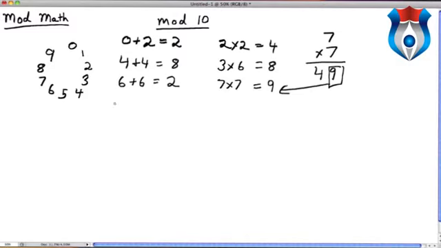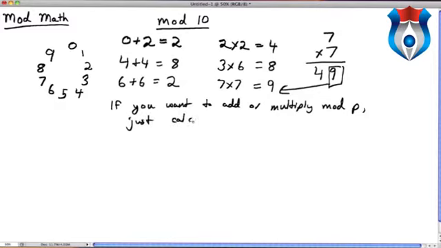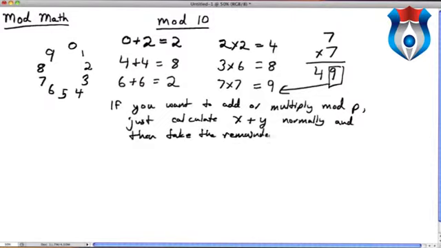If you want to add or multiply mod something, say p, just calculate x plus y normally, and then take the remainder after dividing by p.